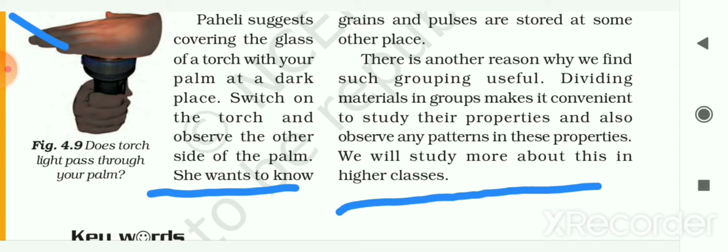Now let us summarize what we have seen in this chapter. Till now we have seen that anything that has mass and occupies space is called matter, and the matter used in making an object is known as material. We already saw the example of a wooden chair: the chair is the object and wood is the material.